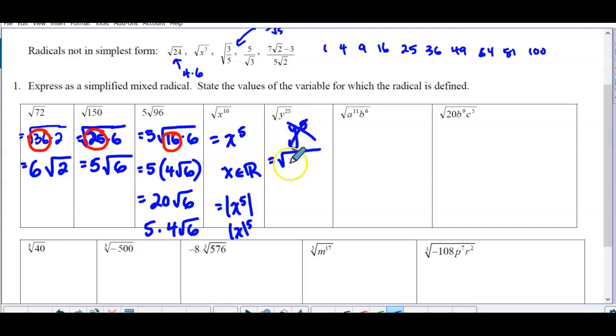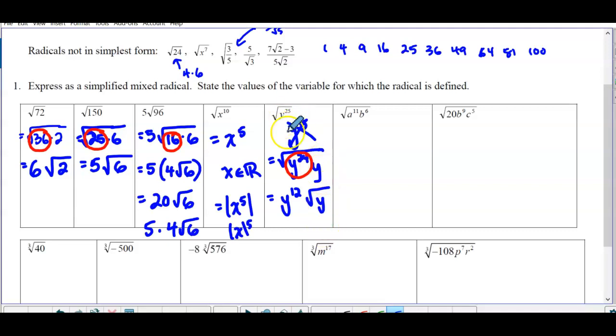So basically, you want to look at the largest even number that's less than 25, which would be 24, multiplied by y. That's the same as this, right? y to the 24 times y is y to the 25th. Now, y to the 24th is a perfect square. It gets to go out on the weekend. What is it worth? It's worth y to the 12th. And then this y has to stay home.